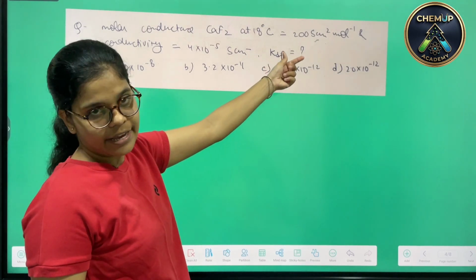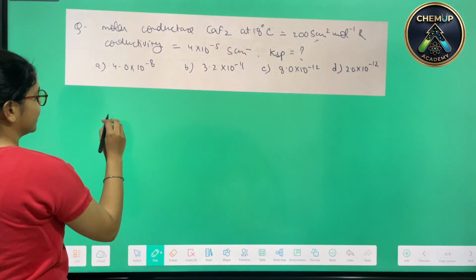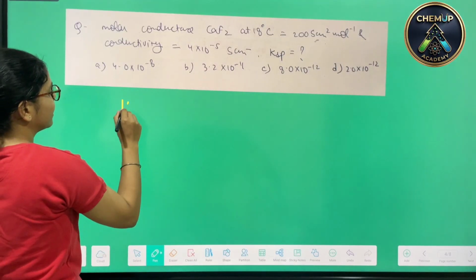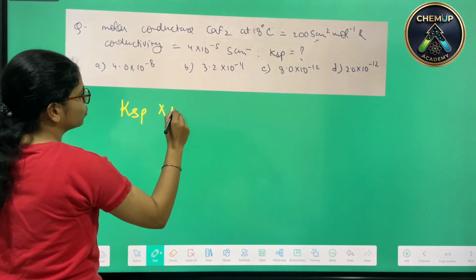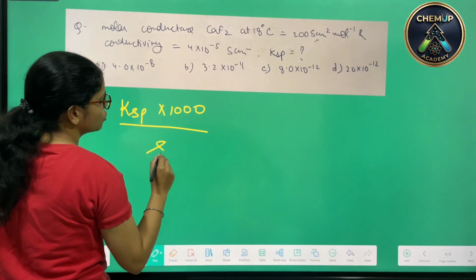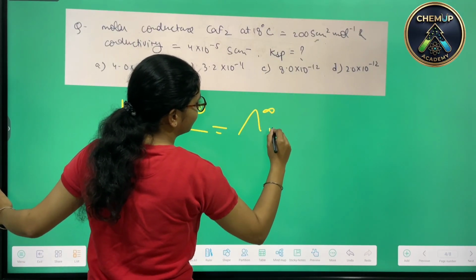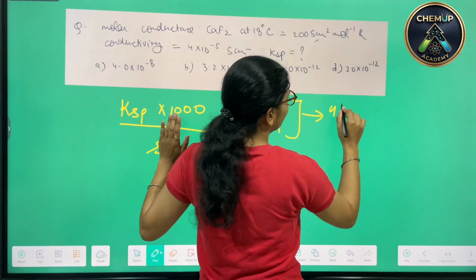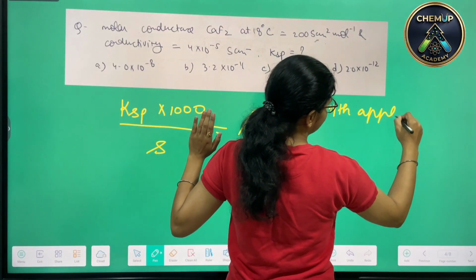You need to find the KSP. To calculate the KSP, we know the formulation: KSP into 1000 upon solubility gives your limiting molar conductivity. This is based on the fourth application that we did in yesterday's class.